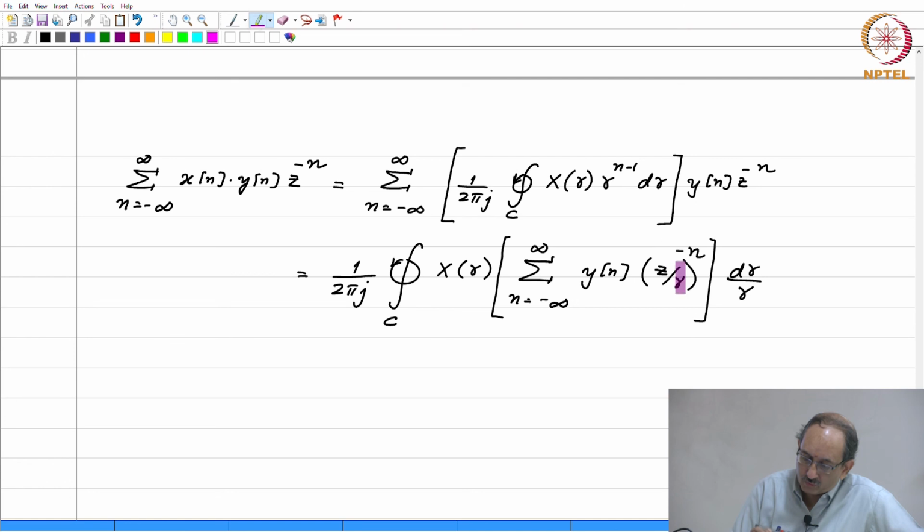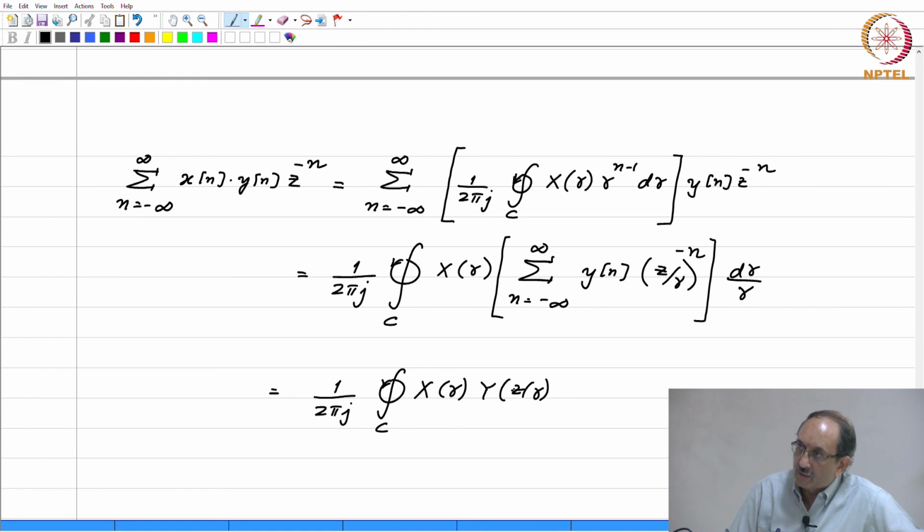What falls out of this is gamma to the n. Therefore, this is this, and now you can immediately see that this is indeed 1 by 2 pi j x of gamma. This is nothing but y of z by gamma by definition, and this is d gamma by gamma.